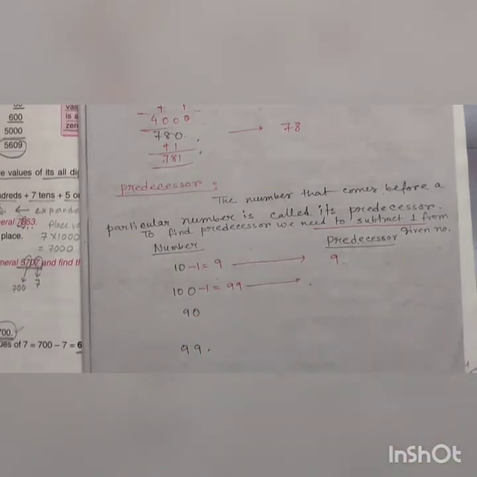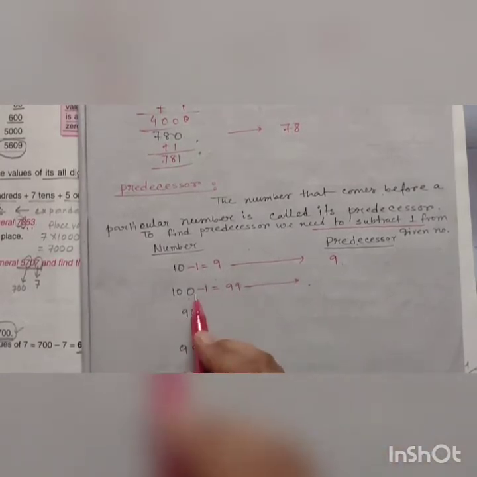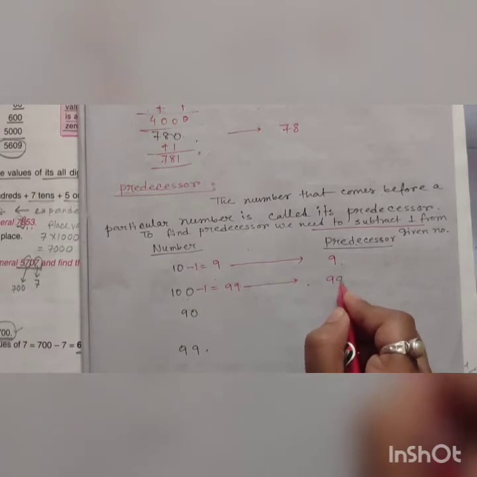You have learned in your previous class how to do addition and subtraction, with borrow and without borrow, so you can easily do this subtraction. So the predecessor of 100 is 99.